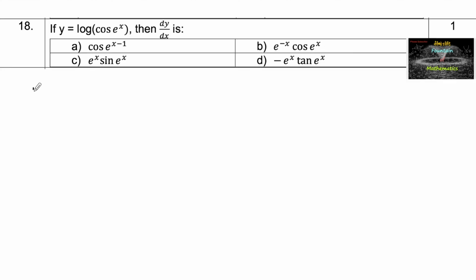If y is equal to log of cos e power x, then dy by dx is equal to?